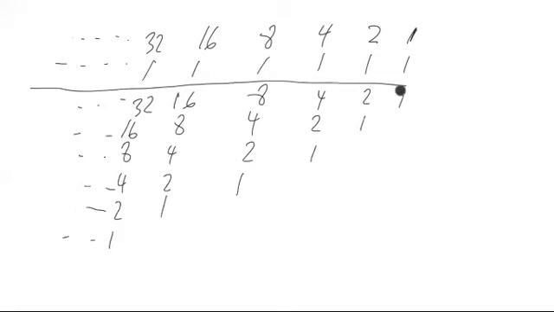When we add here, notice we have 1, here we have 3, here we have 7, here we have 15, and by inspection, let's do one more. We have 16 and 15, so 31.